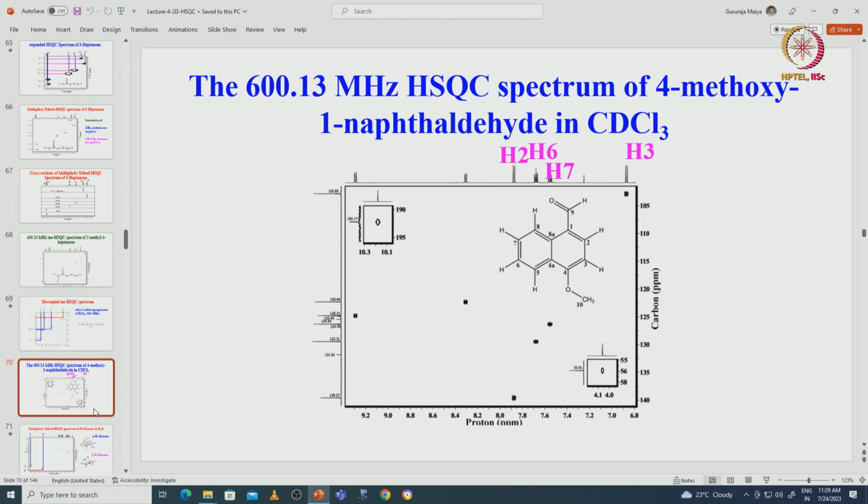So, we could find that out from looking at the sign, and we also looked at the cross section to see that they really are negative for CH2 and positive for CH and CH3. And of course, we took the examples of 3-heptanone, methylheptanone and ethyl acetate to see how we can interpret the HSQC spectrum.